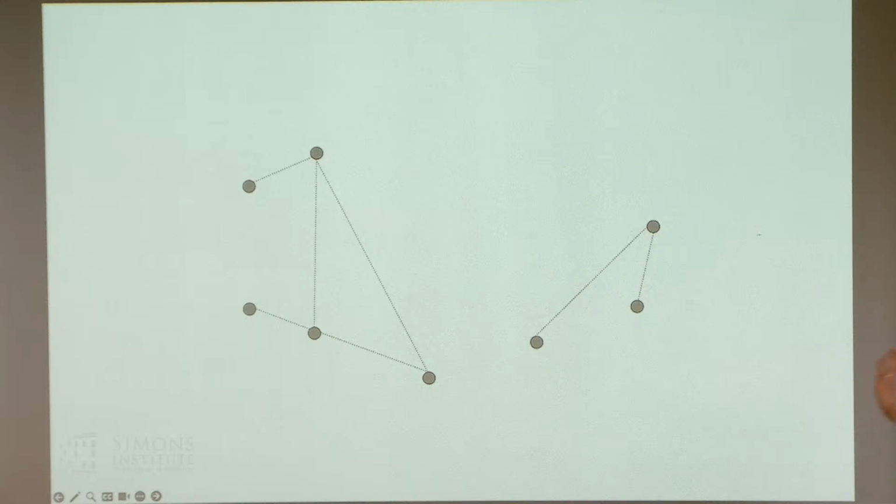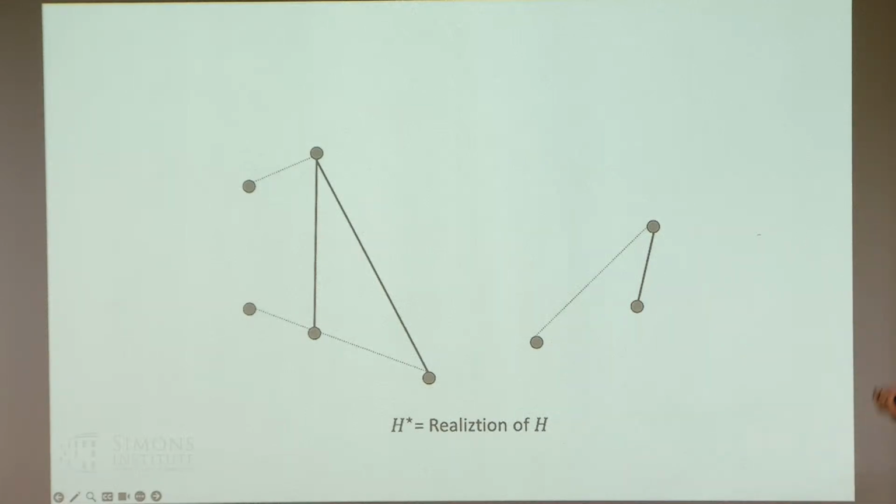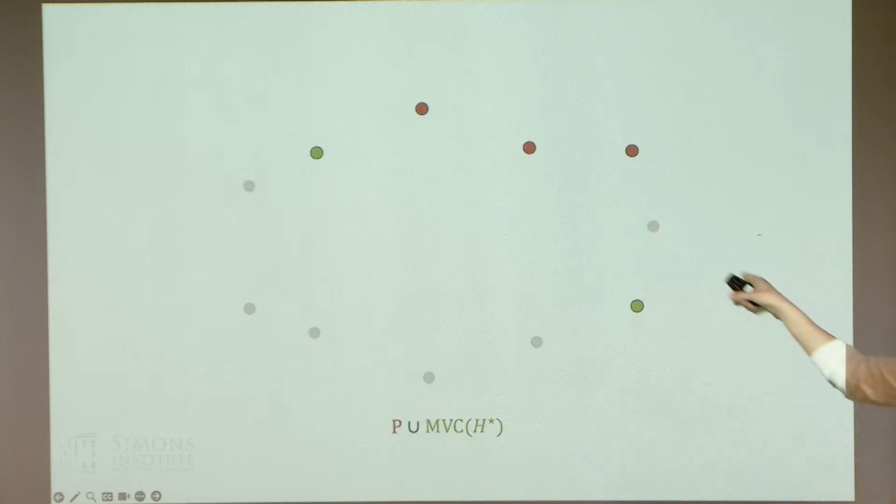I just eliminate them because they will be in the final solution. Now I need to worry about the rest, H. I query those. I get H star, also cover these, and I'll output the union of the green and red ones.